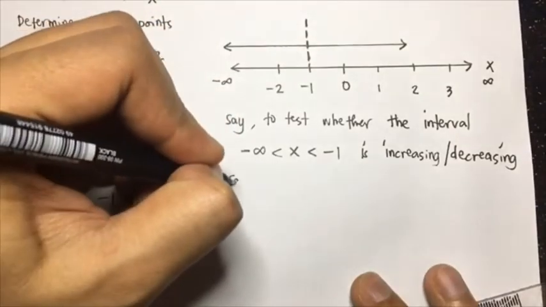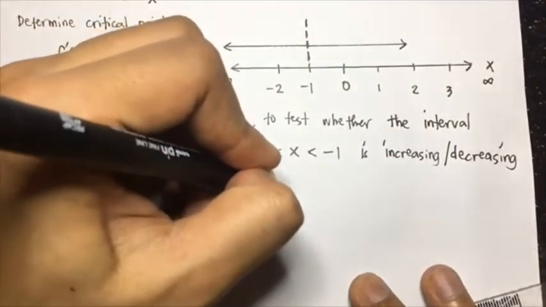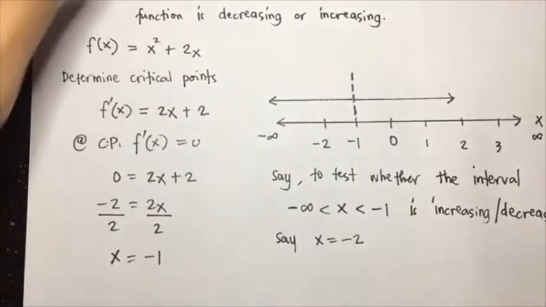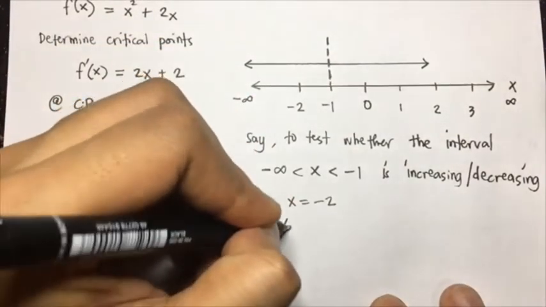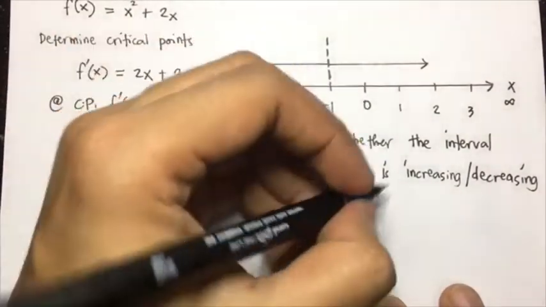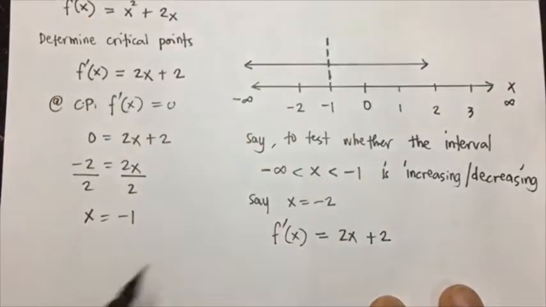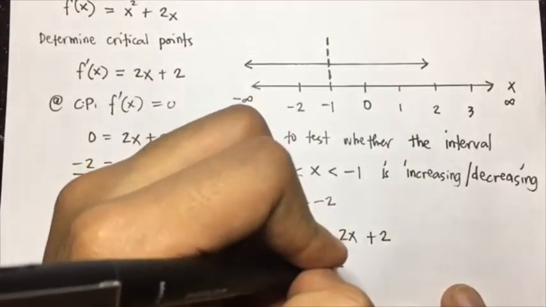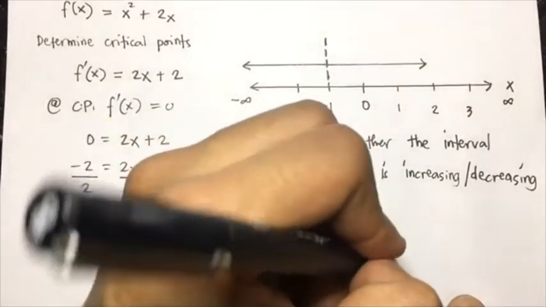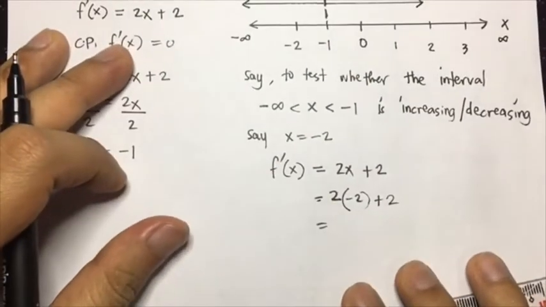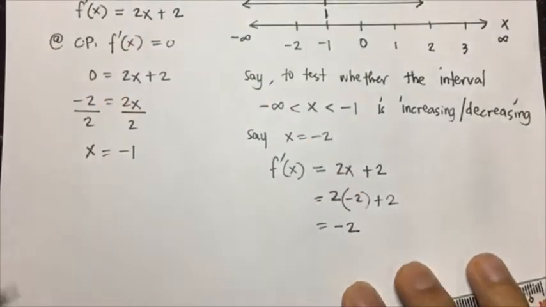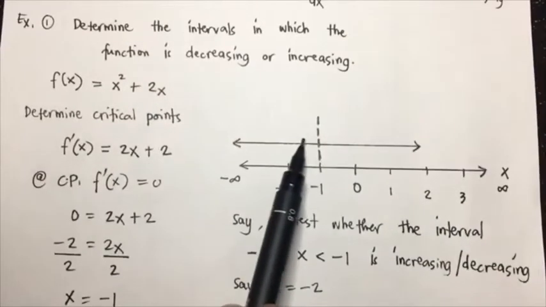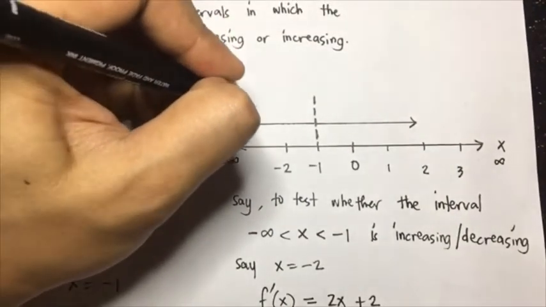So say we choose x is equal to negative 2. So our first derivative, f prime of x, is 2x plus 2. If x is equal to negative 2, therefore this is 2 times negative 2, plus 2. So that will be equal to negative 2, right? So since it's negative, meaning this interval is decreasing.